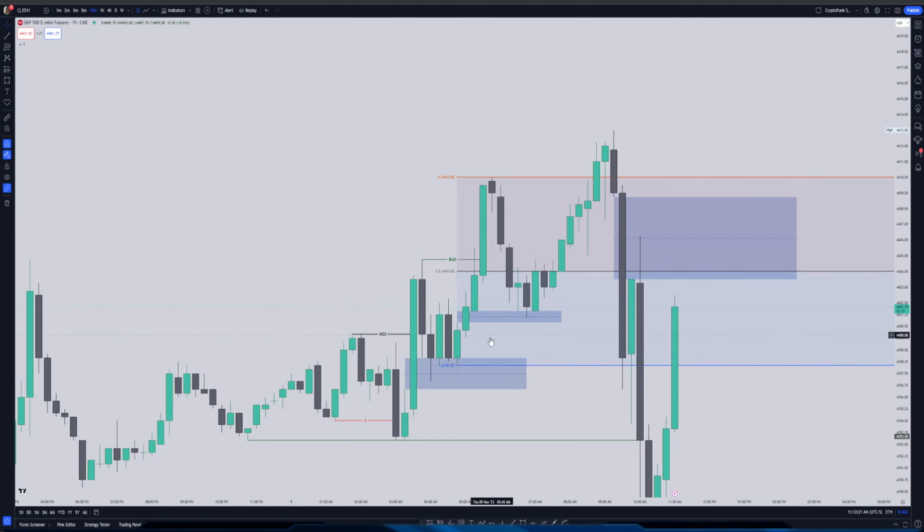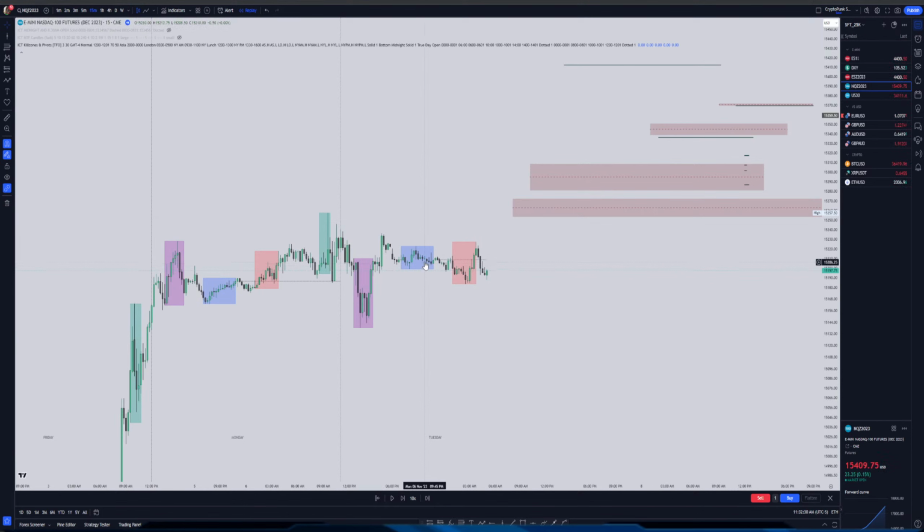Now I somehow messed up my indicator. I somehow deleted the indicator from my area, but just simply mark the 7 p.m. to 11 p.m. This will be your Asia range if I'm not wrong.